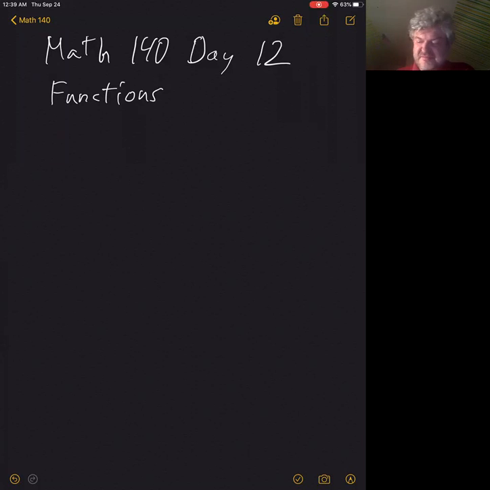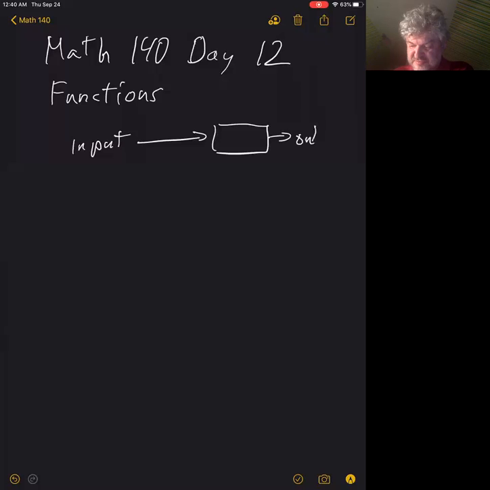Our topic is functions. You've already seen some of those issues in the project, and we're going to start right at the beginning. What is a function? I would picture this as an input which gets put into a black box and then produces output.